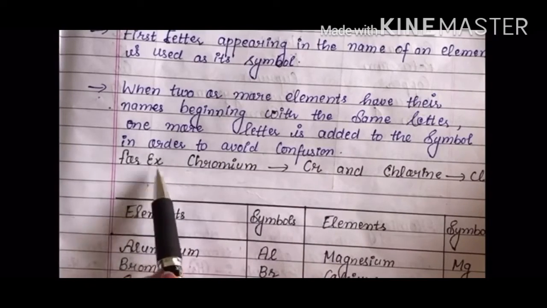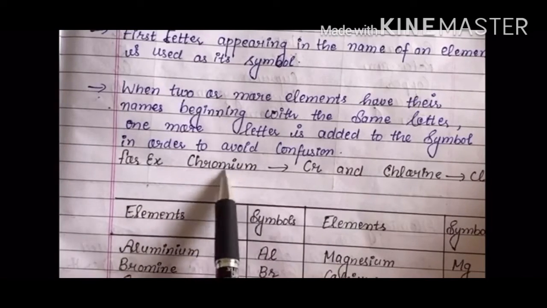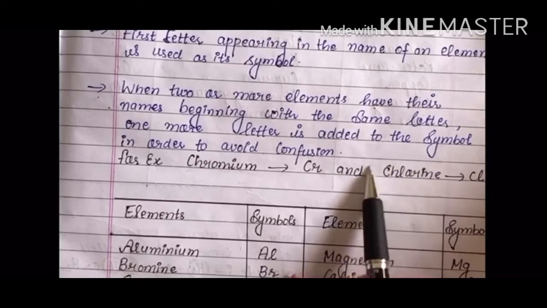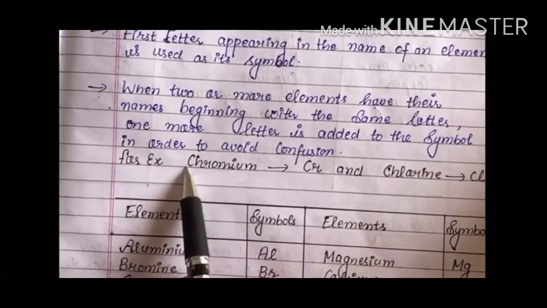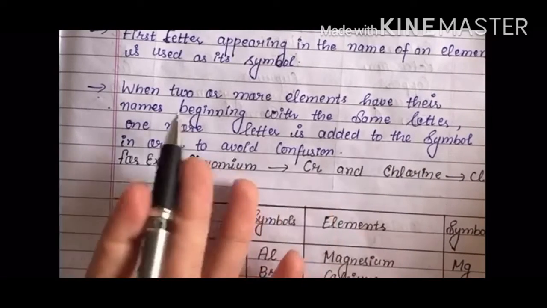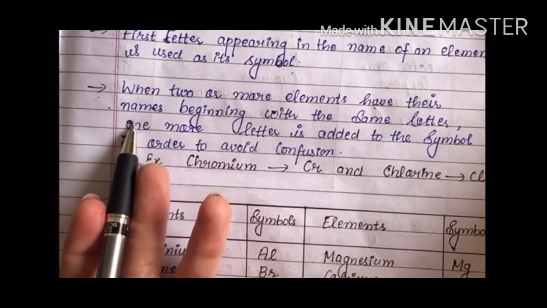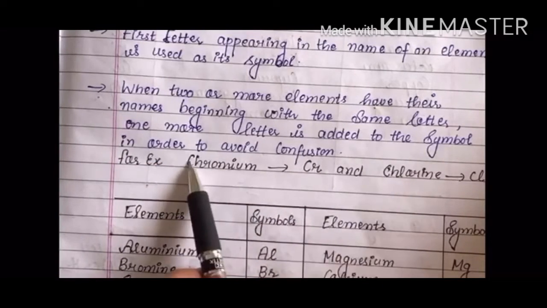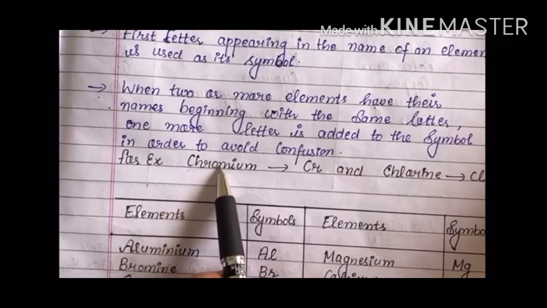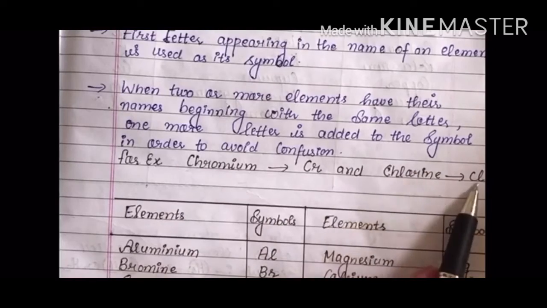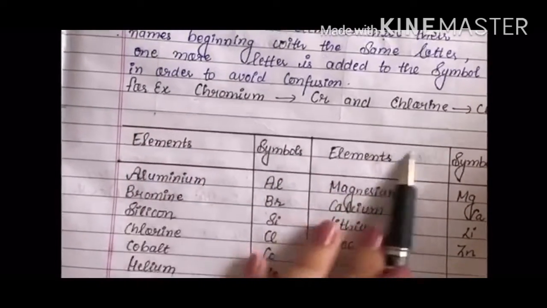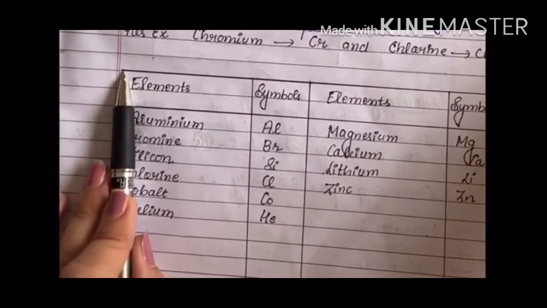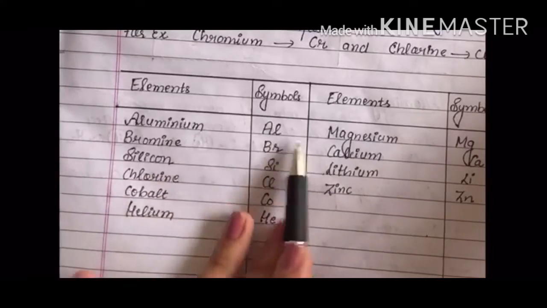For example, chromium and chlorine both start with C. So to avoid confusion, we have to use another letter. H is the same, so we use R here and L here. These are some elements in which we have to use another letter also.